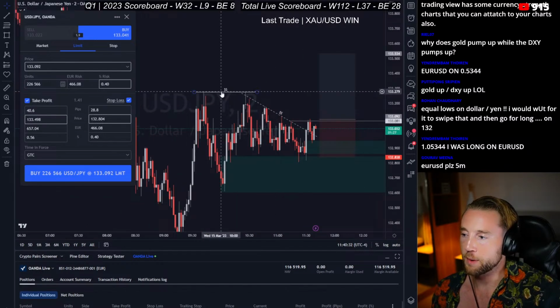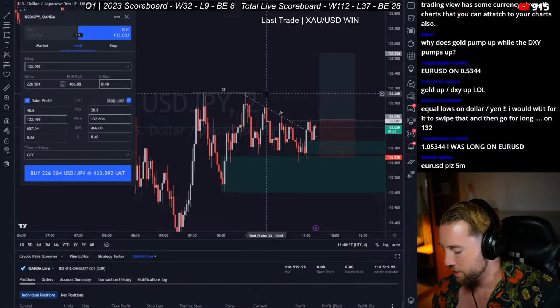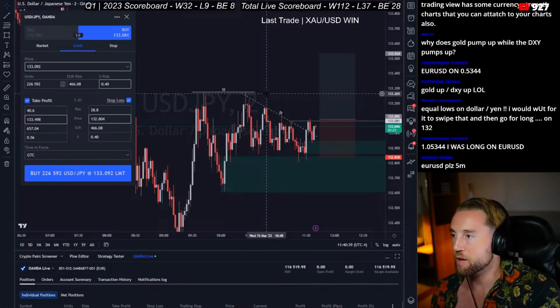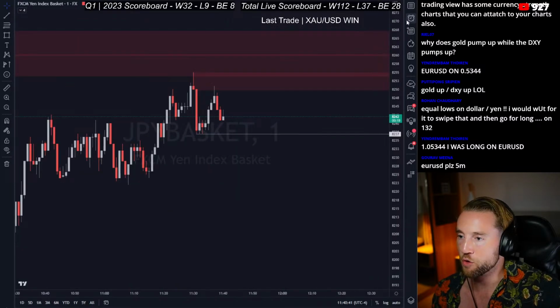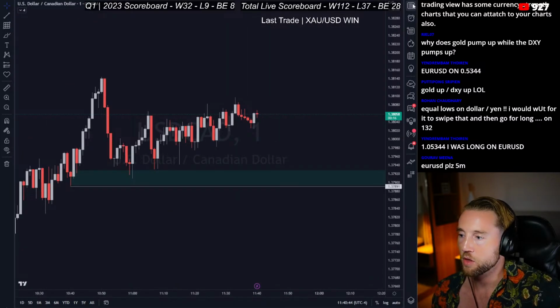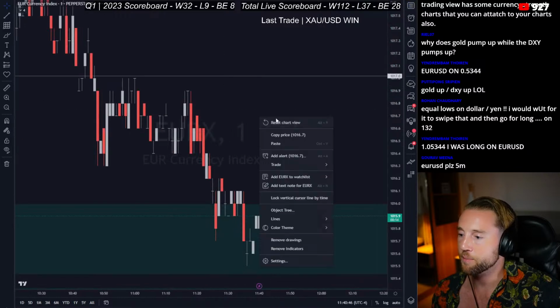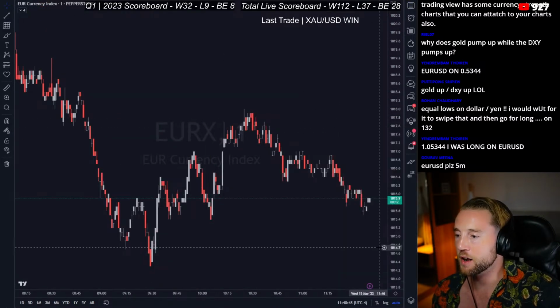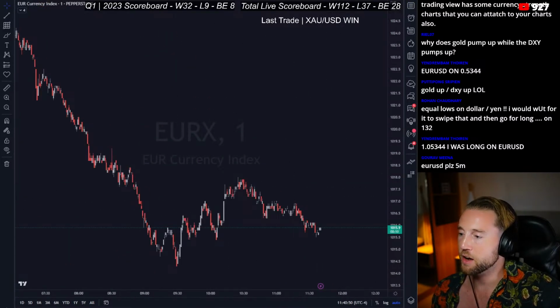I don't want to go too deep in the analysis, but I can already see right now that the euro itself is ranging. It's not doing much. You can see clearly here it's actually coming down a little bit. So you have to look at the dollar.